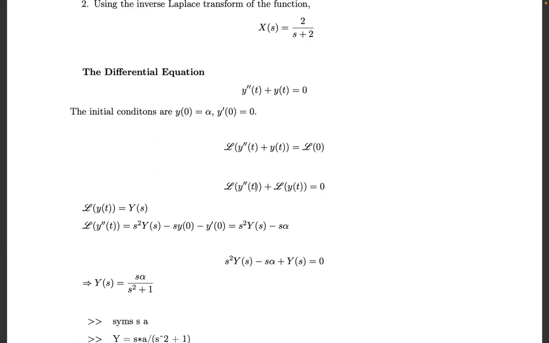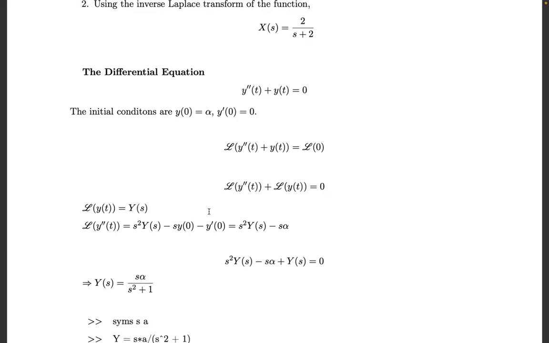The second order derivative, after the Laplace transform, equals s squared Y(s) minus s y(0) minus y prime of 0. y prime of 0 is just 0, and s y(0) is s alpha. So this equals s squared Y(s) minus s alpha.